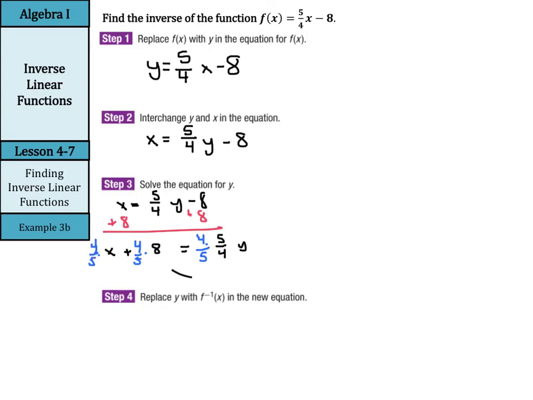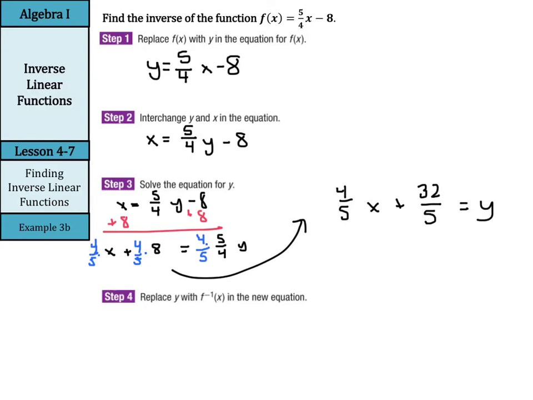And as we once again move up here, we'll have 4/5 x plus 32/5 equals y.